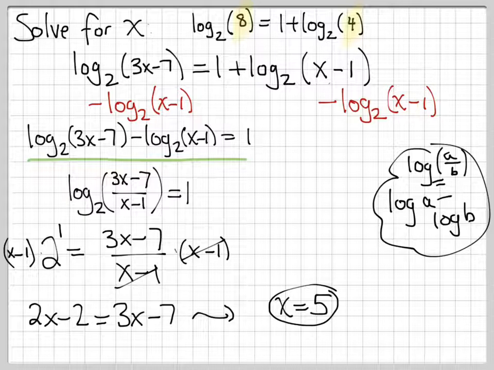If any of these were negative, we would have to reject it. What's important is that that's 3, and that's 2, and 3 does equal 1 plus 2. So since neither of these were negative, we didn't have to reject, and indeed you can check it does work out. So there's an answer to a question involving some logs.